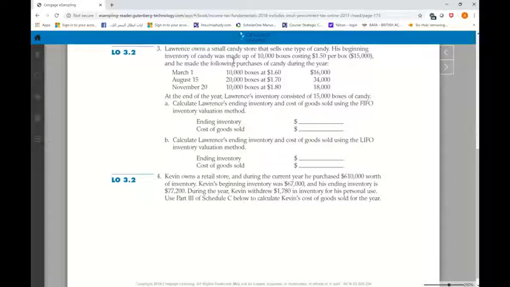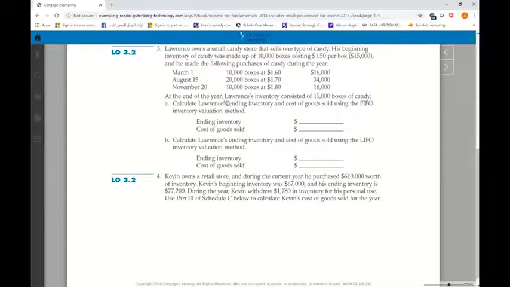Lawrence owns a small candy store that sells one type of candy. His beginning inventory of candy was made up of 10,000 boxes, costing 1.5 per box, which is $15,000, and he made the following purchases of candy during the year: March 1st, August 15, November 20. We have the number of boxes, the cost per box and the total amount.